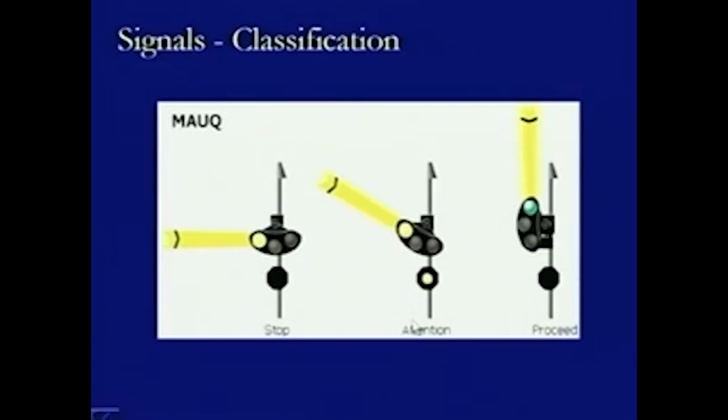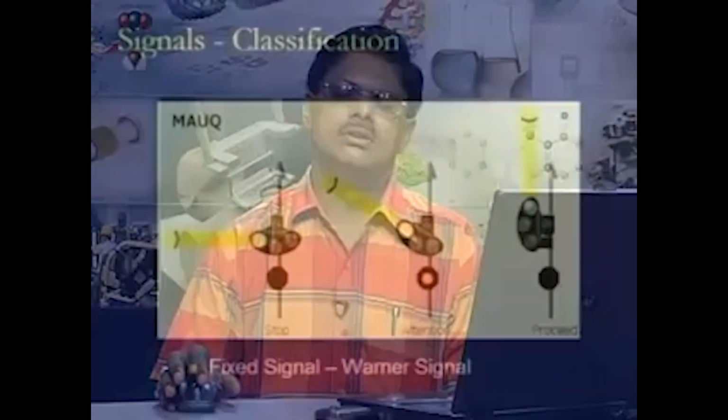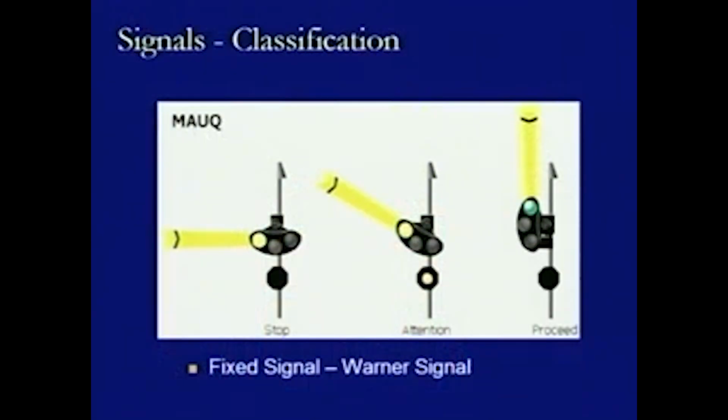That means the train is allowed to move with speed, and the only thing is that the driver has to be cautious enough to look at the next signal and its definition. Whereas in the case of the vertically upward condition, defined by a green light, it shows proceed. So, that is some difference in the multi aspect upper quadrant signal system in the Warner condition as compared to the semaphore type of signals.